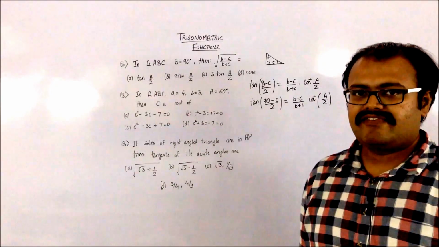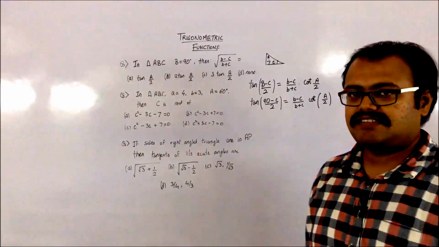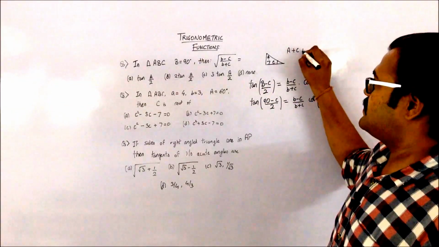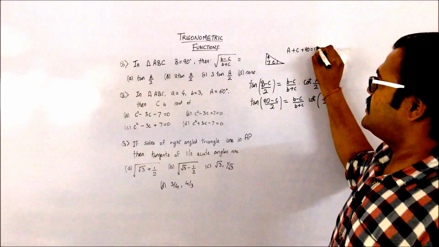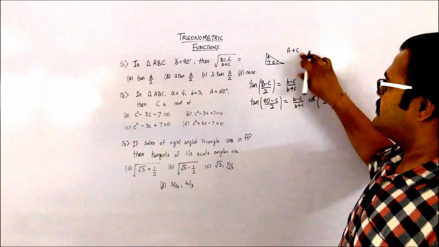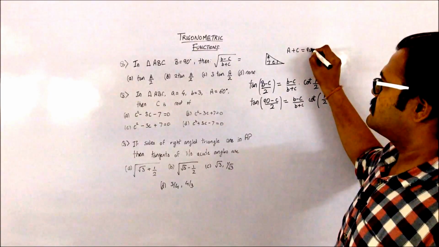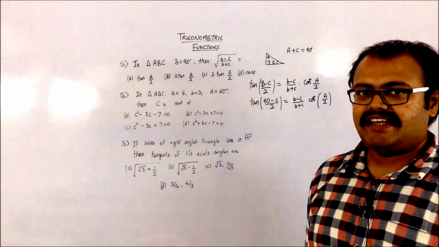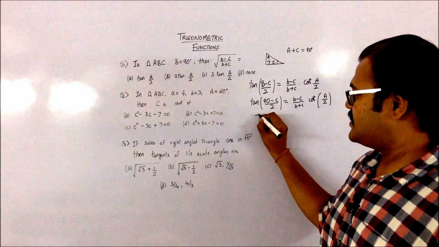Now in this I have 90 minus C present. If I draw that triangle, I will have A plus C plus 90 is 180. So basically my A plus C is going to be 90 degrees, so my 90 minus C is going to basically be A. So I'll be substituting that value.